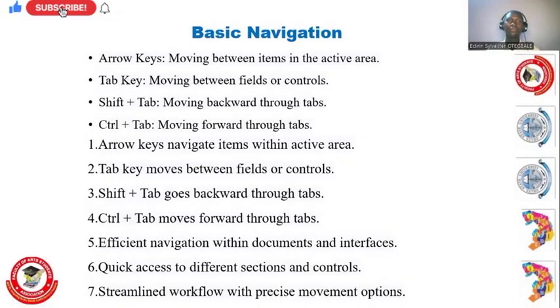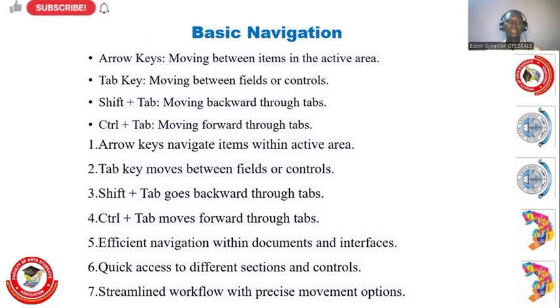Definitely basic navigation keys. Now I have the arrow keys that help us to move between one activity or the other. We have the Tab key, moving between fields of control. We have Shift plus the Tab key, of course we have that. And then we have Control plus the Tab key. The arrow keys help us to navigate, like I've said initially.